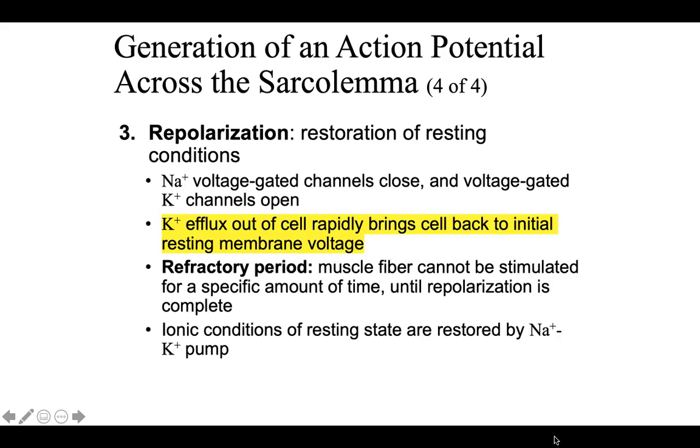There is a refractory period where no stimulation is possible, just a latent period where nothing can happen. And this whole process of restoring the original conditions is called the sodium-potassium pump, because it's the pumping of sodium and potassium that allows us to have this change and restoration.